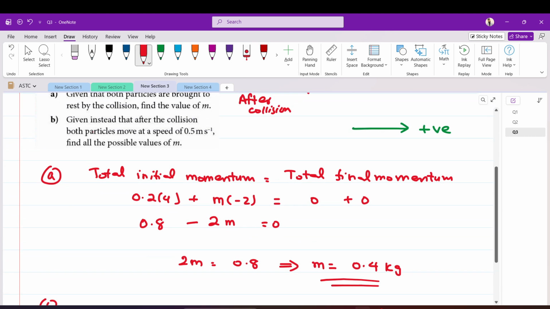Now it says given instead that after the collision, both particles move at a speed of 0.5 meters per second. Find all the possible values of m. Okay, so let me copy down this diagram first.